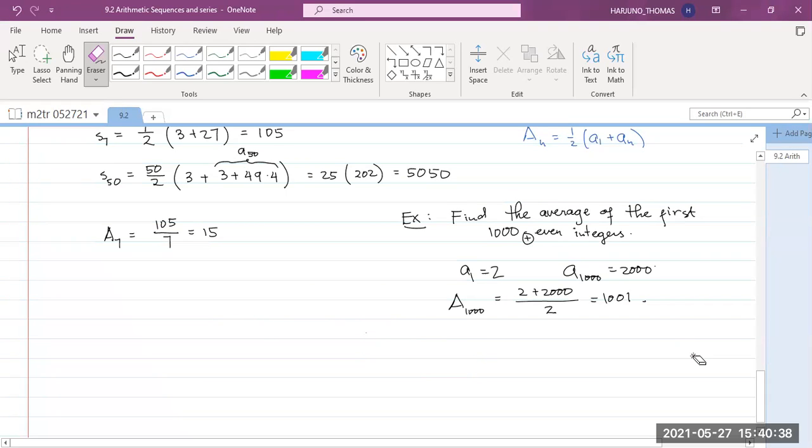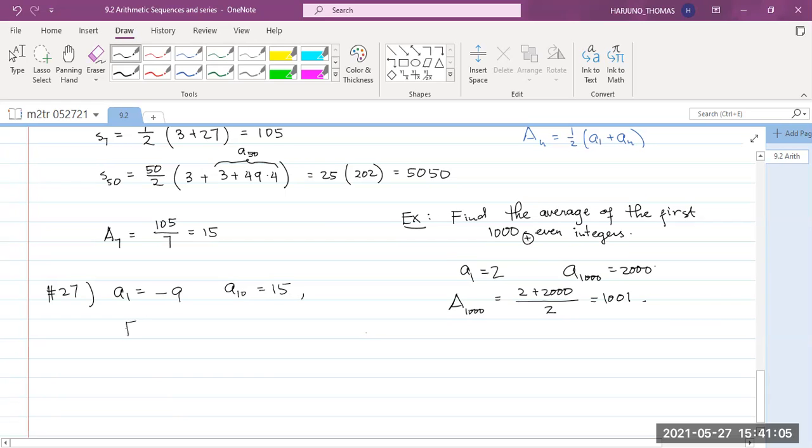Okay, now let's do problems, going back to our textbook. For the last 10-15 minutes, I discussed things that are not in our textbook. Let's see number 27. The first term is -9. The 10th term is 15.